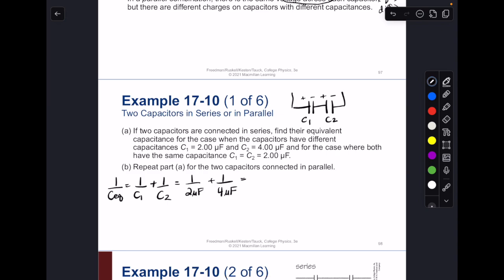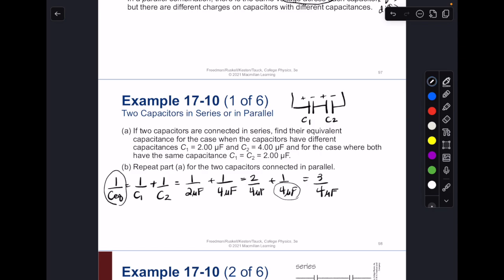That's actually 2 over 4 plus 1 over 4, which gives me 3 over 4 per microfarad. My farads are in the denominator still, so don't accidentally move them up here. That's a very common algebra mistake. They're still in the denominator.